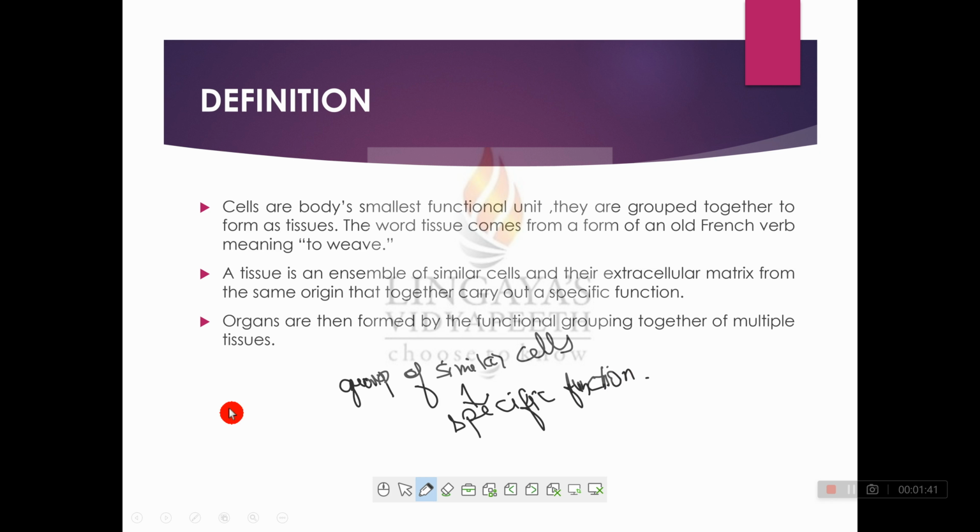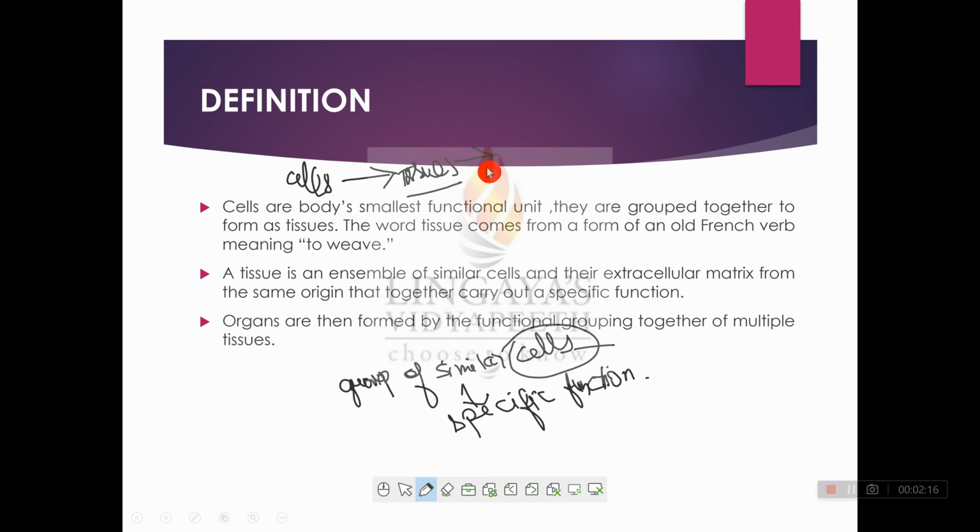Alright, so now let's understand what cells are. Cells are the body's smallest functional unit. When these cells group together, let's understand the structural levels of organization. The cell is the basic fundamental unit of the body. It is the smallest unit of the body that has a function. Then the cells accumulate and form a group, and they are called tissues.